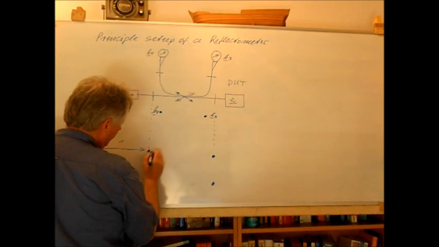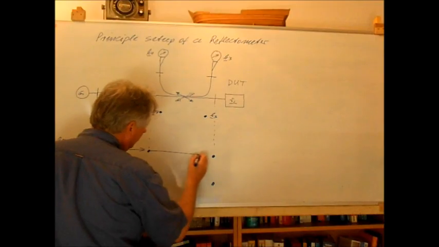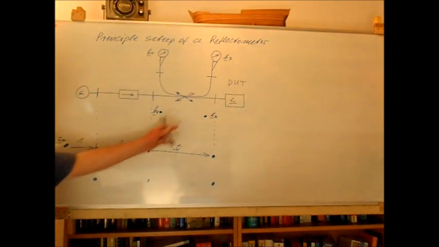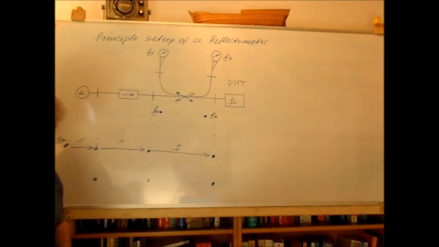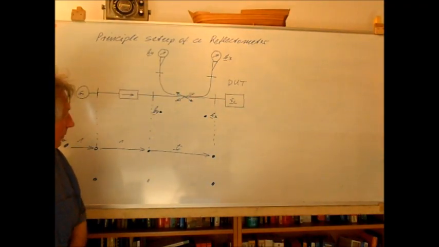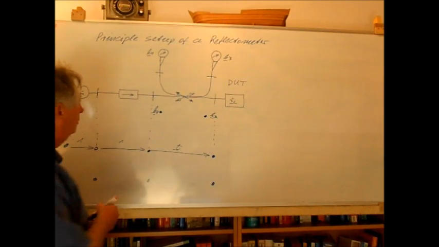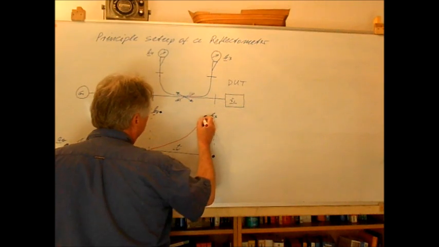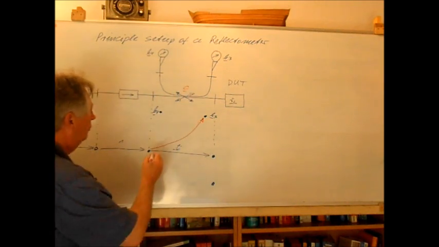Now we are here in the directional coupler, so we will have two things. One thing is that the directional coupler will feed a signal to our reflection coefficient, but a part of the signal is also fed via the coupling coefficient C to port 3 of the directional coupler.